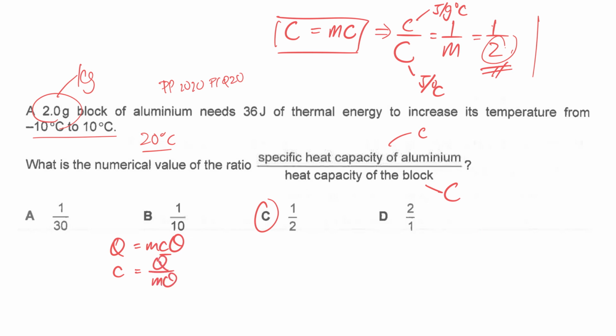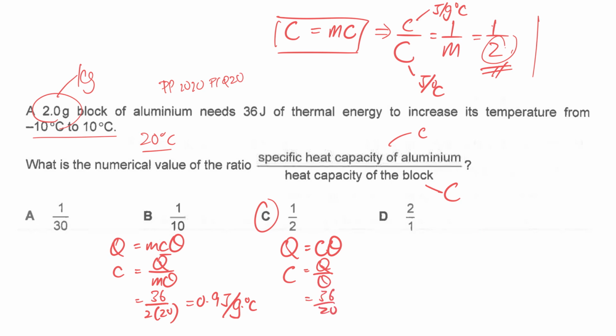Then you just sub in the values, 36 joules over 2 gram, and the temperature difference will be 20, and that will be 0.9 joules per gram per degree Celsius. And if it's the big C heat capacity, this will be C times theta, so your big C will be Q over theta, and that will be 36 over 20. That will be 1.8, and it's joules per degree Celsius.